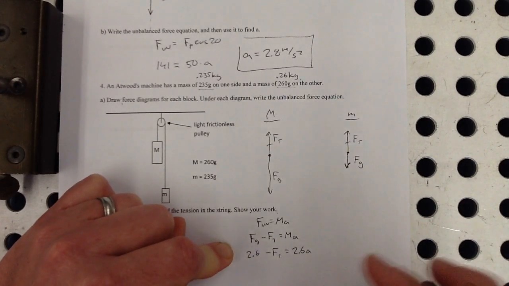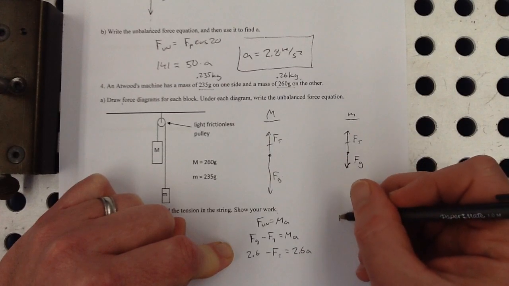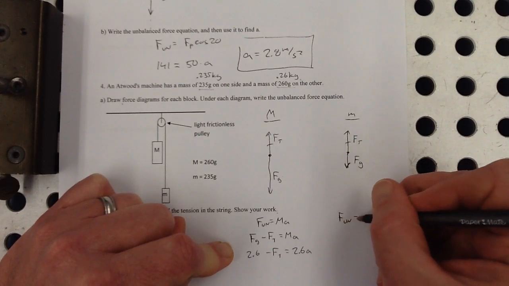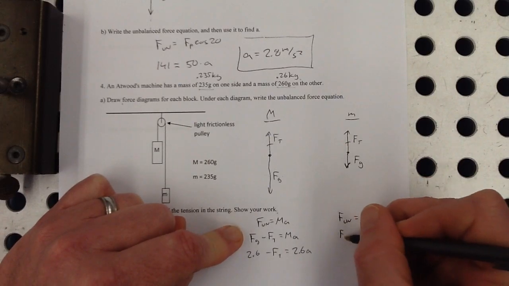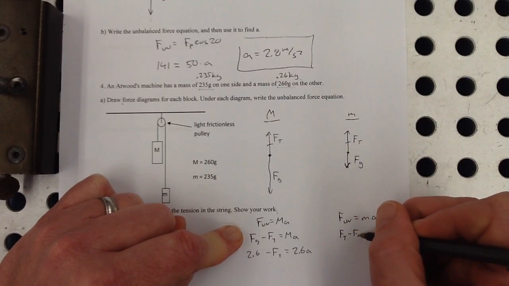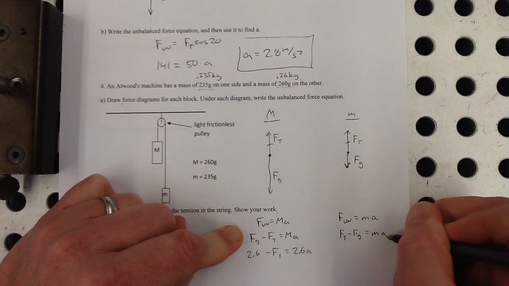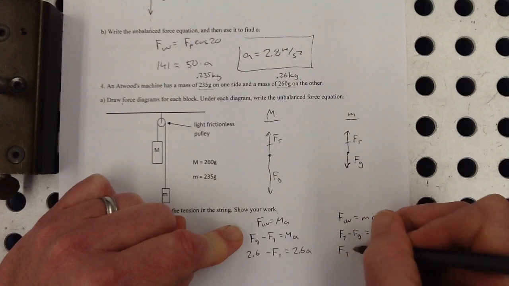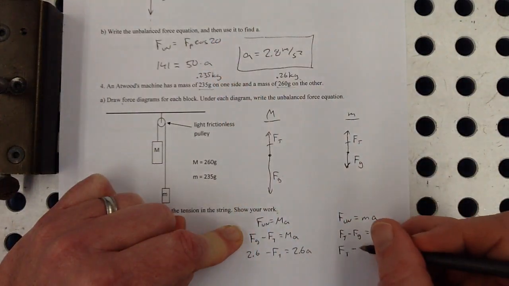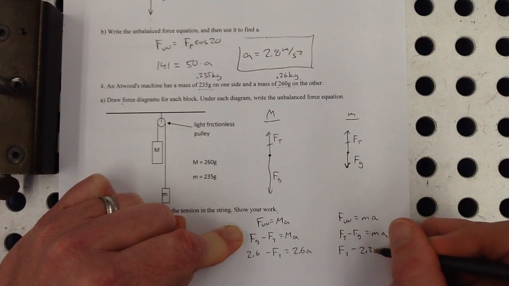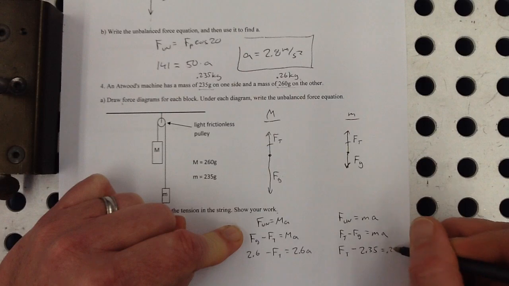That's what I got for the big one. For the littler one, it's my little m. On this one, tension is winning and gravity is losing. So this 0.235 times 10, 2.35 equal to 0.235 times A.